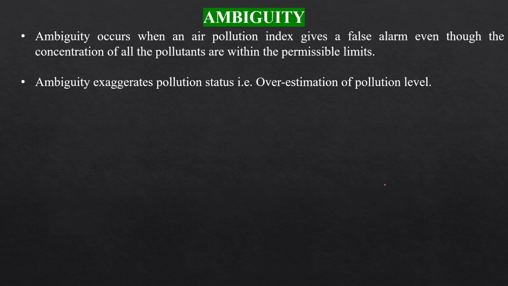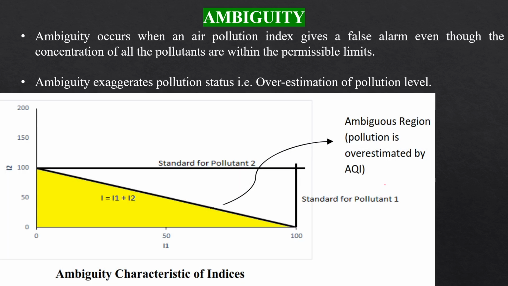So what is ambiguity? Ambiguity occurs when an air pollution index gives a false alarm even though the concentrations of all pollutants are within the permissible limits. So ambiguity overestimates the pollution level. Let the overall pollution level I be I equal to I1 plus I2, the sum of sub-index 1 and sub-index 2.